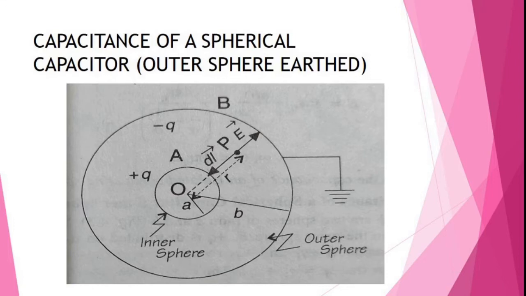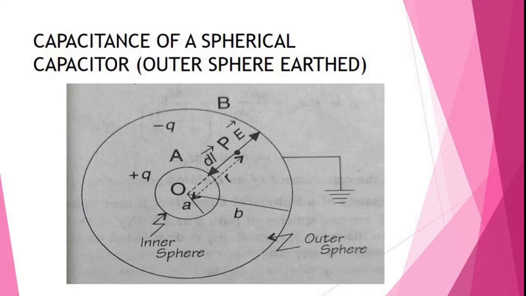You know how to calculate the capacitance: capacitance C is equal to Q by V. So first of all we are going to find out V, that is the potential difference between the spheres A and B.